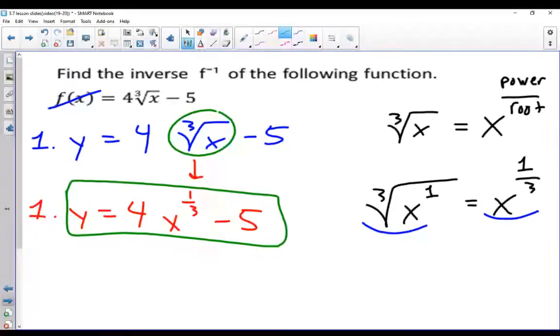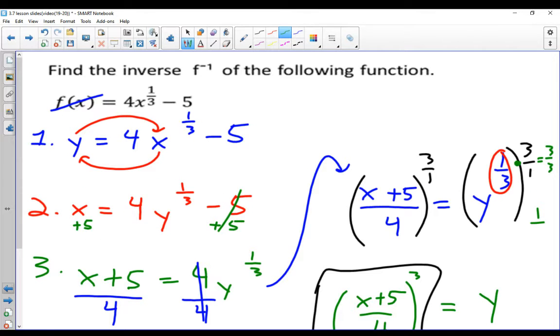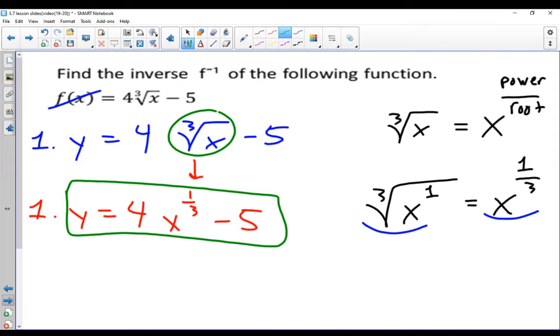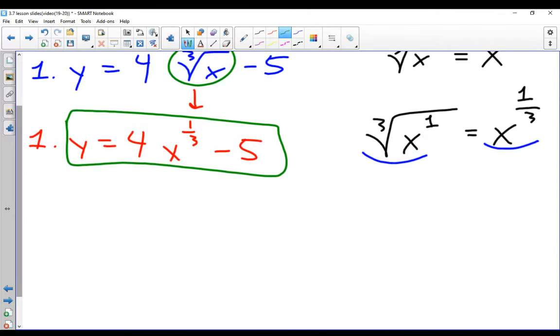Now, I want you to take a look at that equation. y equals 4x to the 1/3 minus 5. Do you have that memorized? Now look at the previous slide. 4x to the 1/3 minus 5.